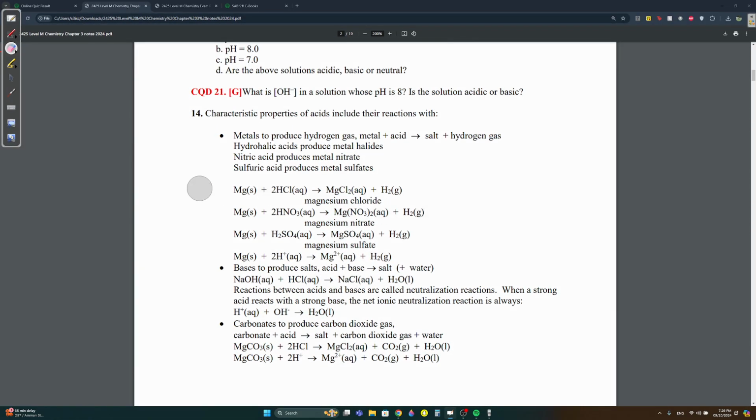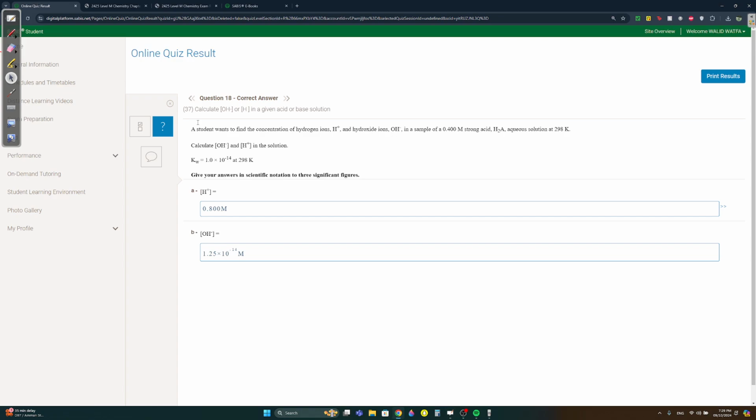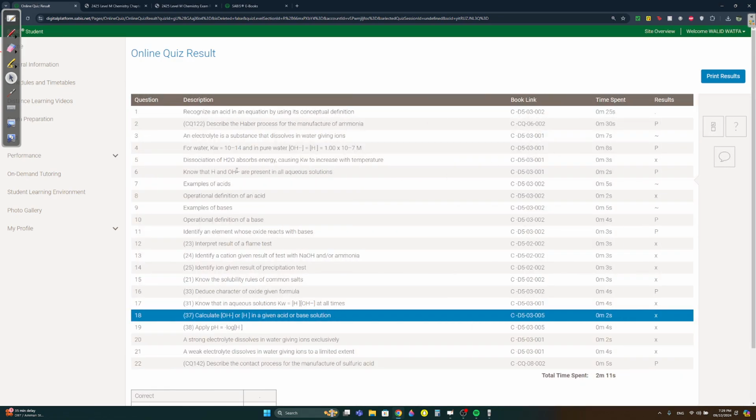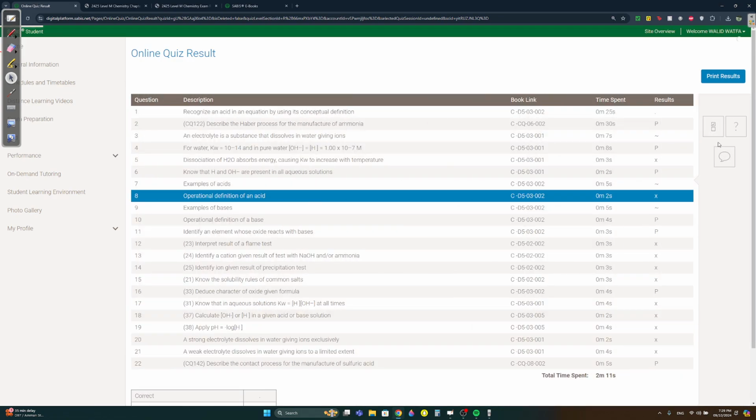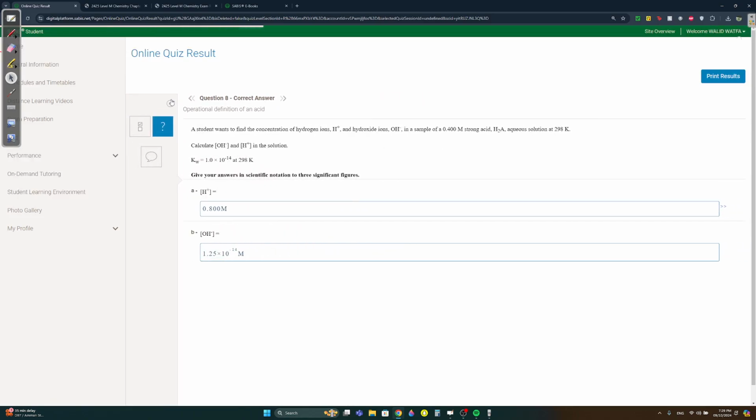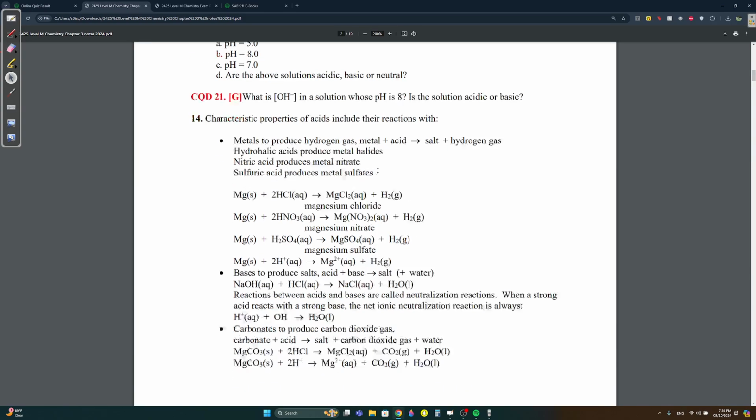Characteristic properties of acids include this. Okay, acids react with metal. Okay, hold up. Is all of this required? Hold up. Yeah, okay, these are required.